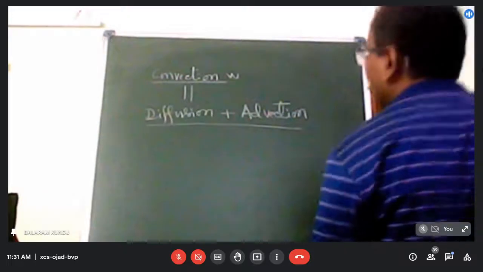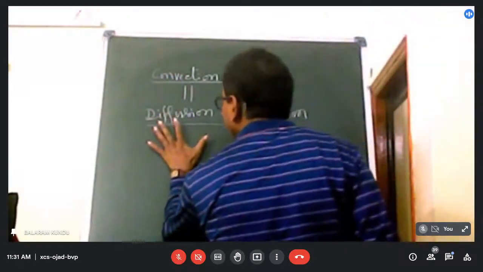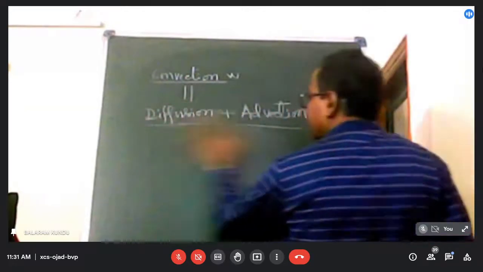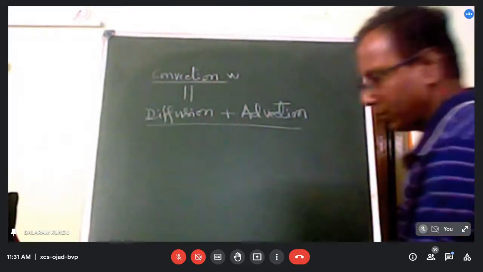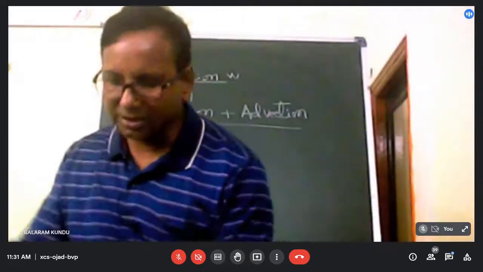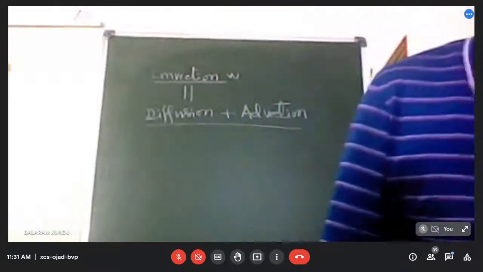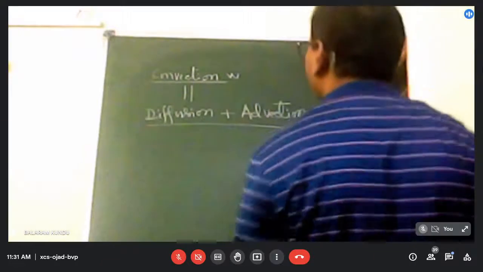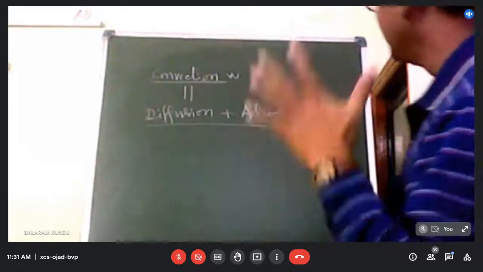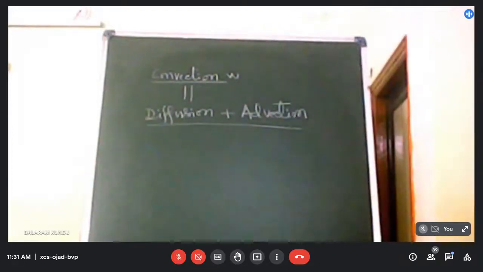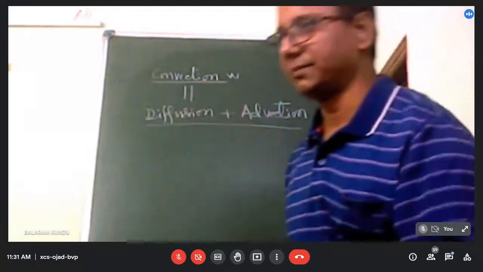Before that, better we explain these two aspects, the diffusion aspect and the advection aspect. What is diffusion? Diffusion means it is the conduction part; there is no difference between diffusion and conduction. When convection heat transfer occurs, the diffusion phenomenon, meaning the conduction phenomenon, is also there.